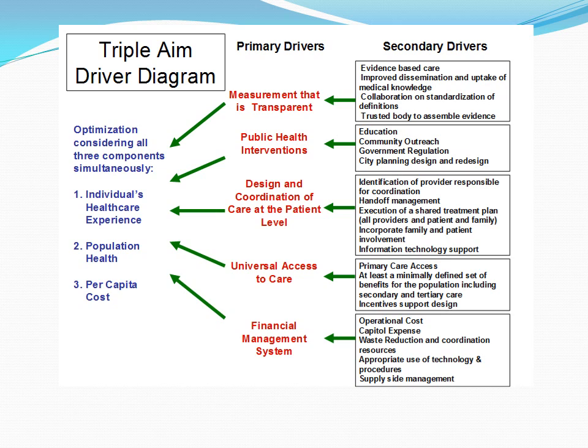You can provide evidence-based care. You can collaborate on standard definitions. You can work on community outreach, work on handoff management. All of these are things on that fifth box down, at least a minimal defined set of benefits for the population.